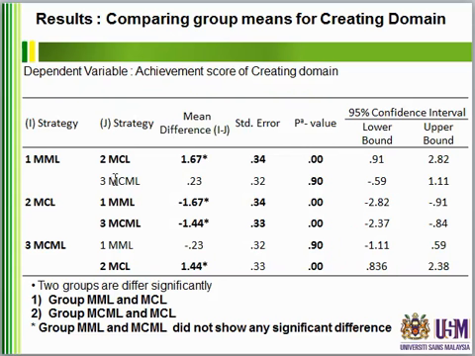Results comparing group means for the creating domain, we can see that two groups differ significantly. Here we can see the MML and MCL, which has 0.00.